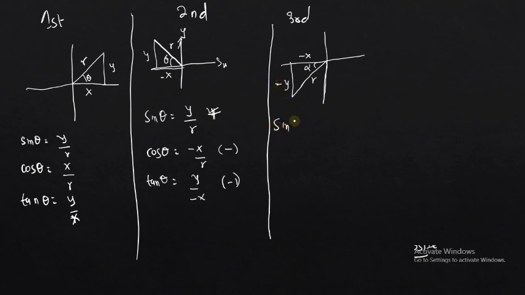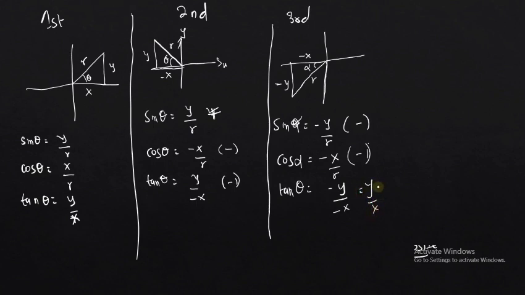So sine alpha will be equal to negative y over r, and this is negative. Cos alpha will be equal to negative x over r. So this is also negative. Tan alpha will be equal to negative y over negative x, and this will be equal to y over x, and this is positive.